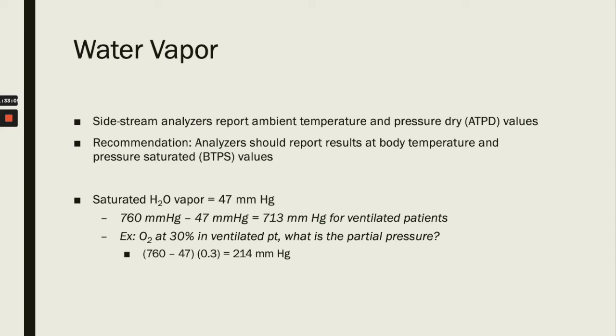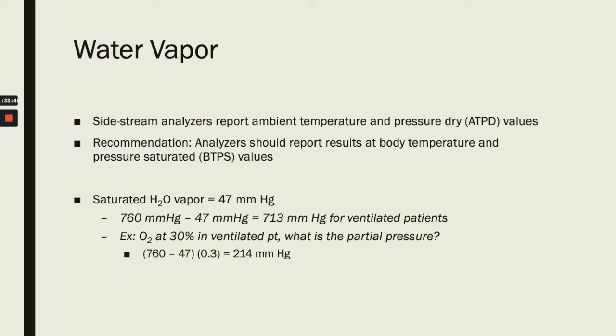Even though atmospheric gas may contain some water, it's rarely 100% saturated. Inspired gases enter the upper portion of our respiratory system and are rapidly warmed to body temperature, becoming fully saturated at a partial pressure of 47 millimeters of mercury. So we have added water vapor to our gas sample.